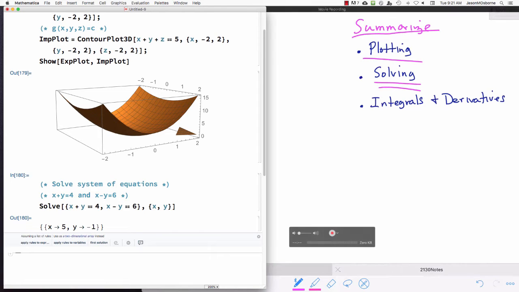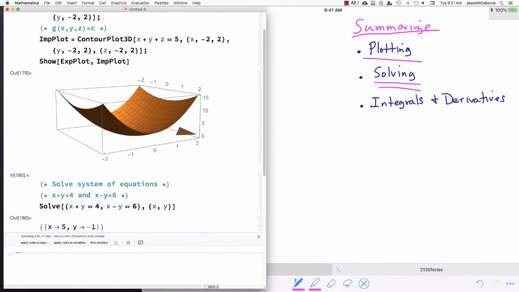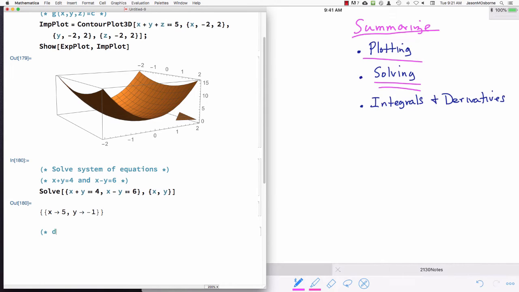If you want to take derivatives and integrals, if you need to check anything, for example, if you have a function r of t, which is t comma cosine of t and then the natural logarithm of t.